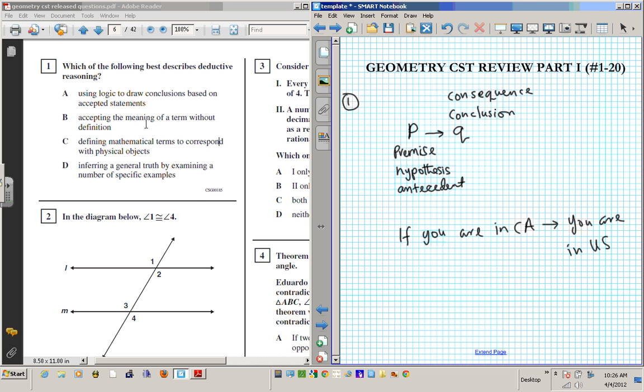Now, the correct answer is A, because option A says you draw conclusions based on accepted statements. So if you have a premise and you draw a conclusion based on the given premise, that's deductive reasoning. Okay, so you can see the keyword here, drawing conclusions from a given premise, hypothesis, or antecedent. All right, so there you have it.